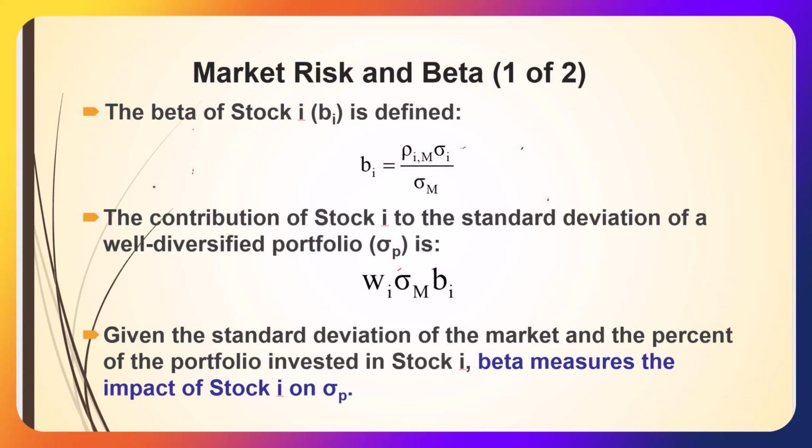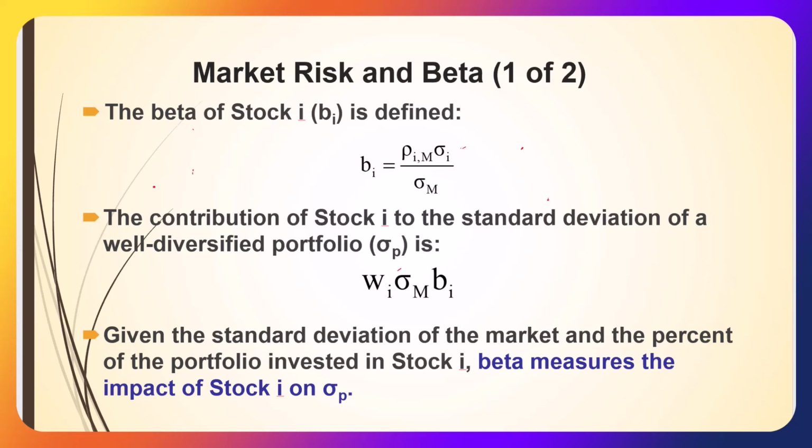For example, high beta stocks like NVIDIA, which has a beta of 1.6, tend to rise more during market upswings, but also fall more during downturns. Low beta stocks like Johnson & Johnson, with a beta around 0.7, are less sensitive to market movements, making it a popular choice for risk-averse investors.